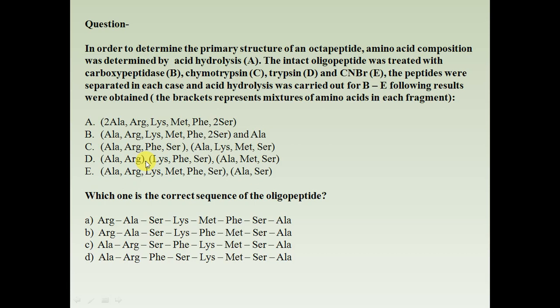So this fits, and this cleavage point can be near the lysine, as you can reverse this sequence. Serine could be there, then phenylalanine, then lysine. So this is also between lysine; the C side of lysine is cleaved. So the correct sequence is D. It fits the cleavage by trypsin. As you know, this is the C side of arginine, and this is the answer.